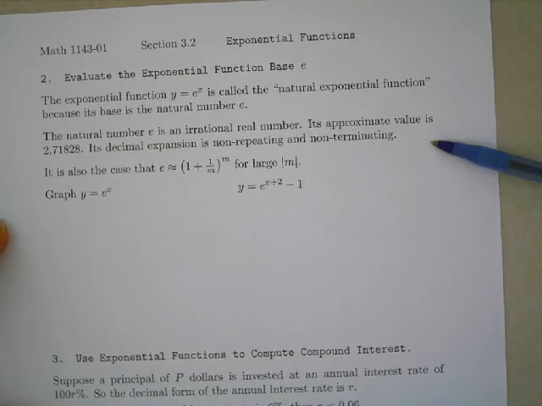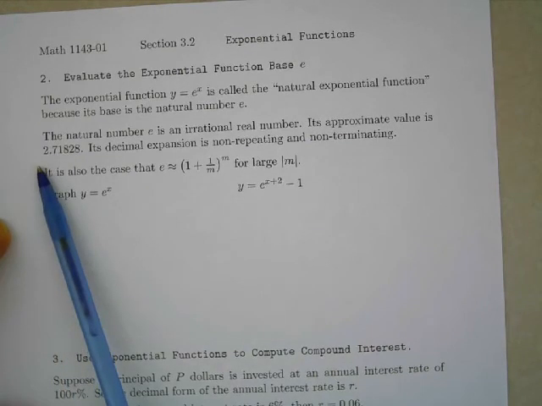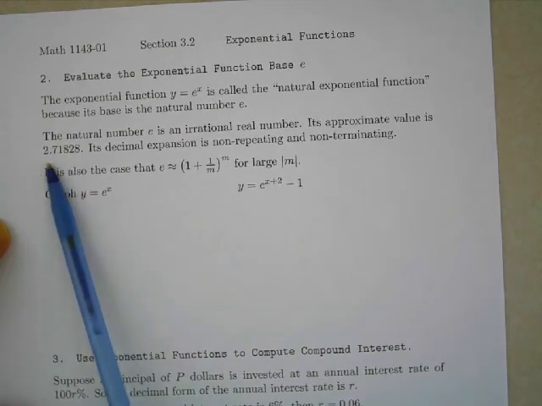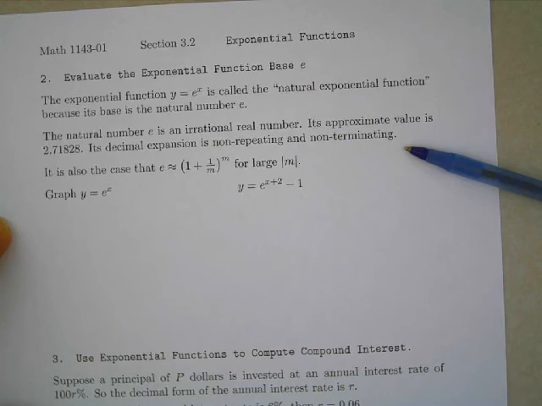The natural number e is an irrational real number. Its approximate value is 2.71828, but its decimal expansion is non-repeating and non-terminating. That is true of all irrational numbers.